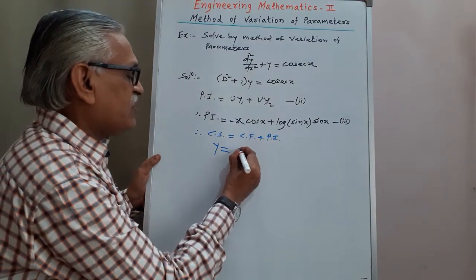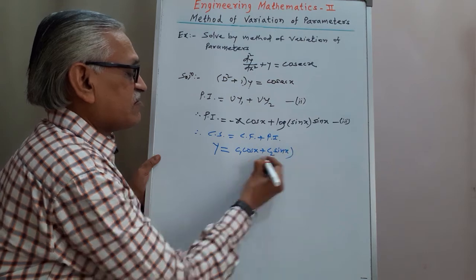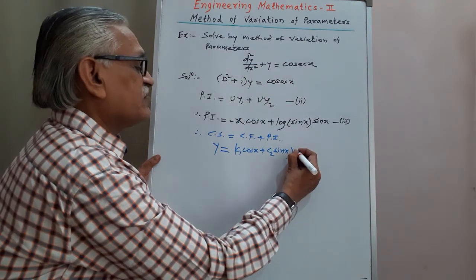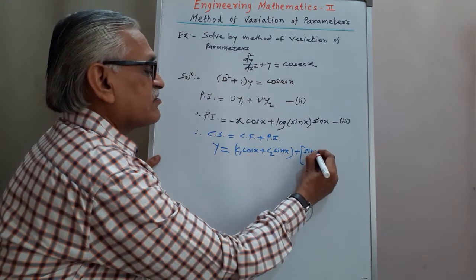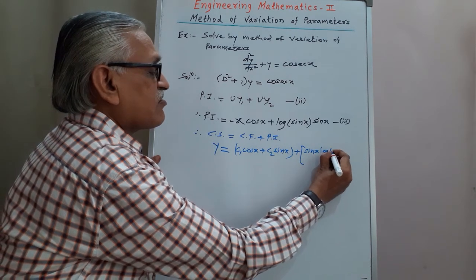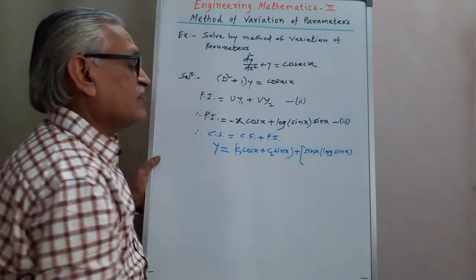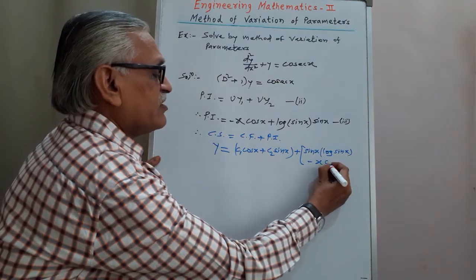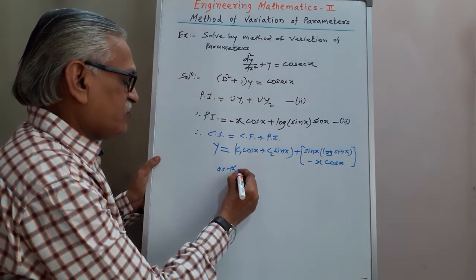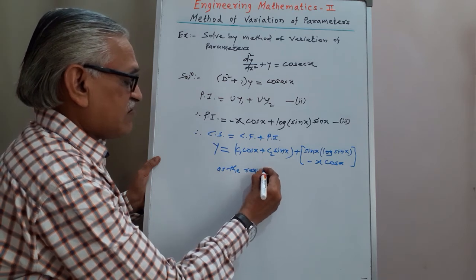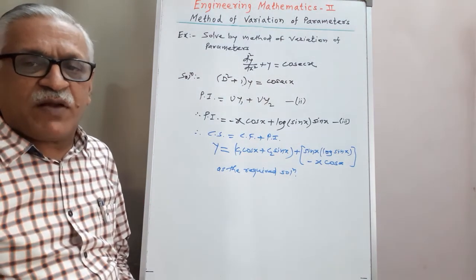CF from equation number 1 is c1 cos x plus c2 sin x, plus this one, sin x log sin x minus x cos x, as the required solution obtained by the method of variation of parameter.